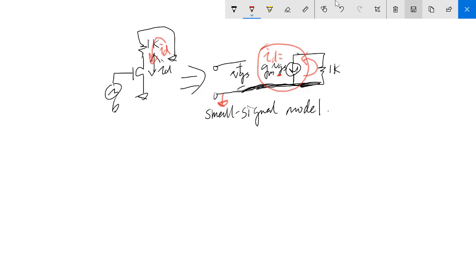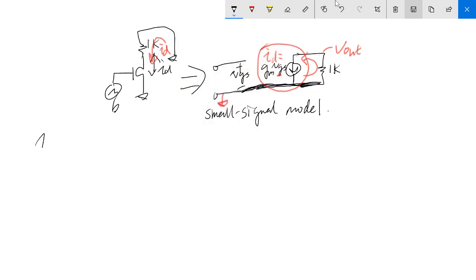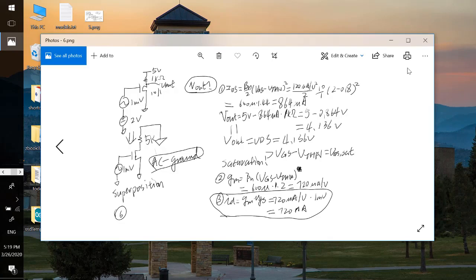Okay, think about it by yourself for a few moments. Make sure you understand this. So this will be V out, right? So now we know that ID equals 700 something. Let me double check that. It's 720 nanoamps.